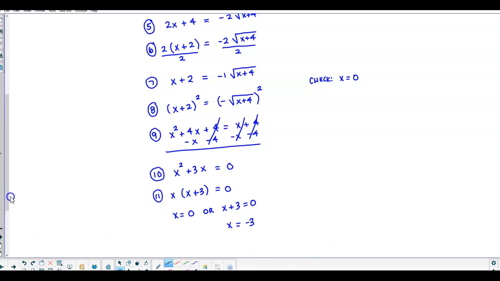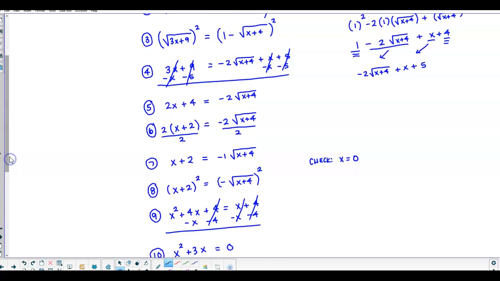So going back to the original, we had the square root of 3x plus 9 plus the square root of x plus 4, and that was equal to 1. So let's plug in 0. So if we plug in 0, this becomes the square root of 3 times 0 plus 9 plus the square root of 0 plus 4 equals 1.